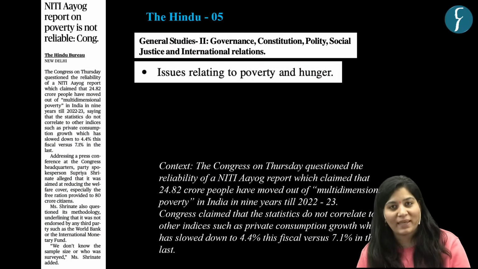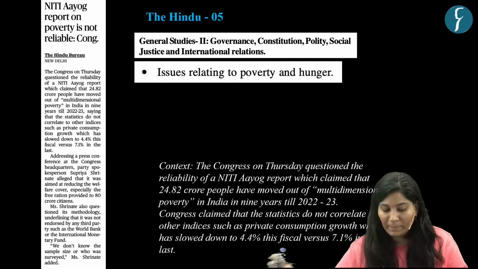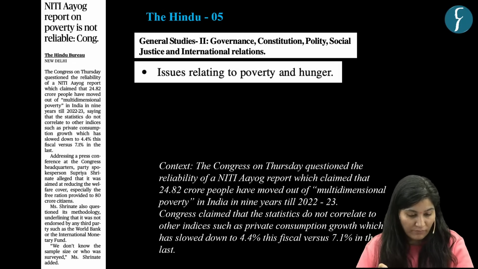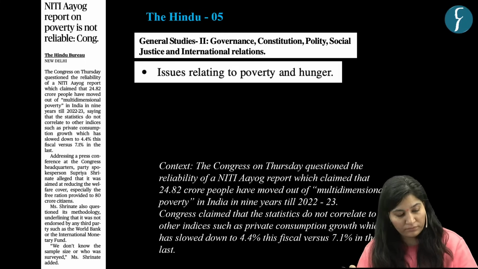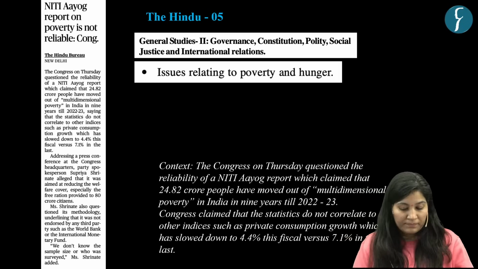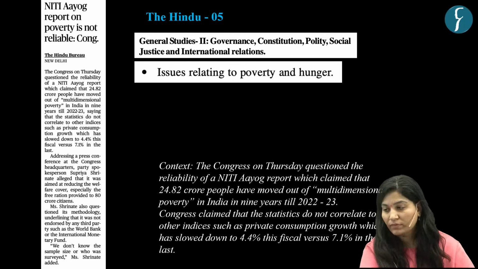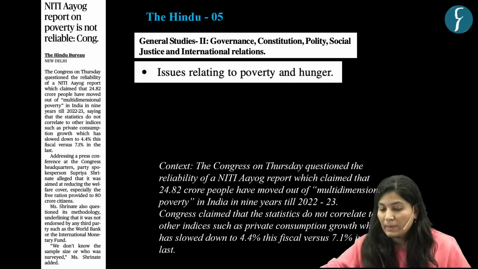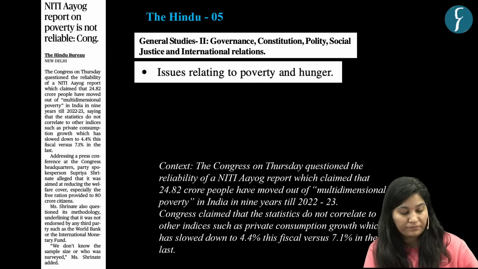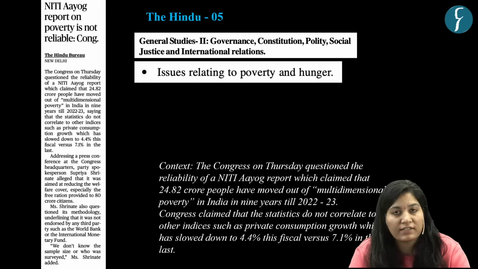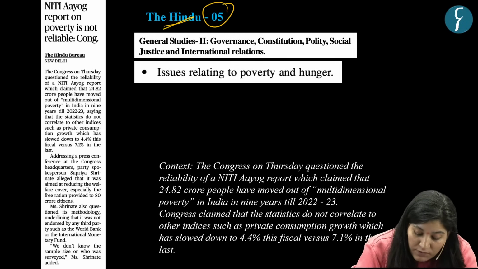Now let's start with the mains. So our first discussion is based on this news article, and this news article appeared on page number 5 in The Hindu newspaper.